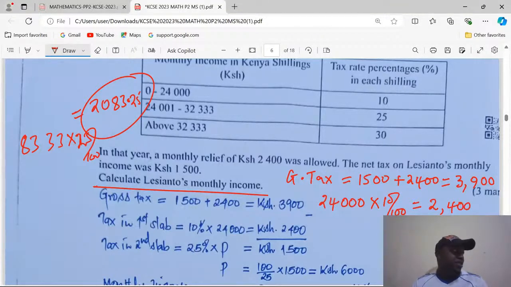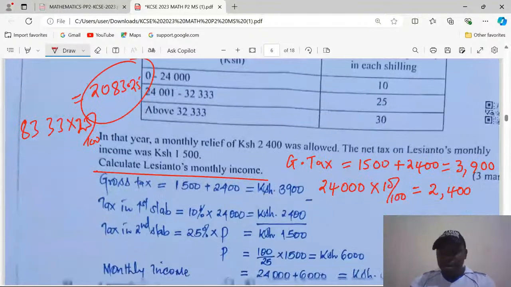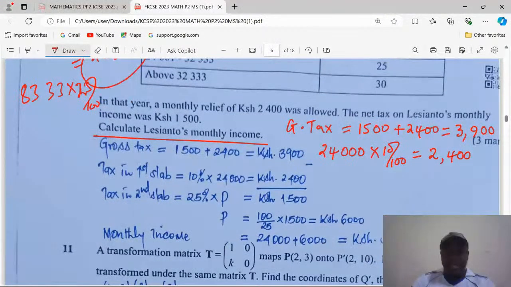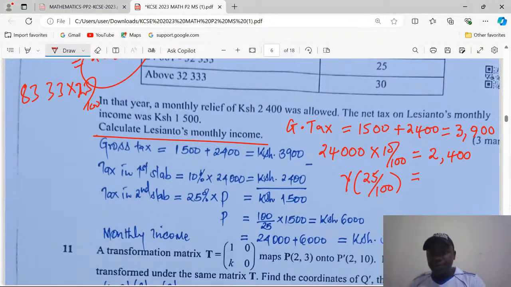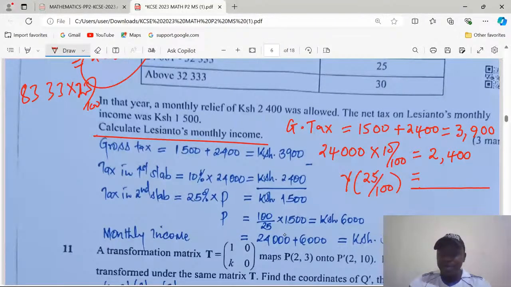And if we are going beyond 3,900, then it means this is the last bracket. The amount in this last bracket can be let to be Y, which must be taxed at the rate of 25% to give us a certain tax, which when added to 2,400, we should get 3,900.